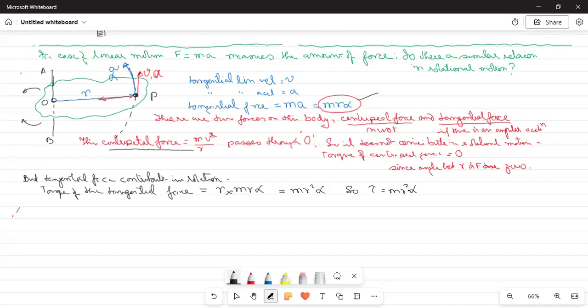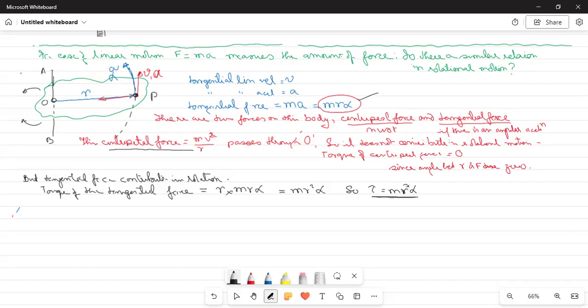So we discover a relation between the torque and angular acceleration, like there was a relation between the force and the linear acceleration, F equal to ma. Here torque is equal to m r square alpha. This relation is very, very important, particularly if you go into engineering.